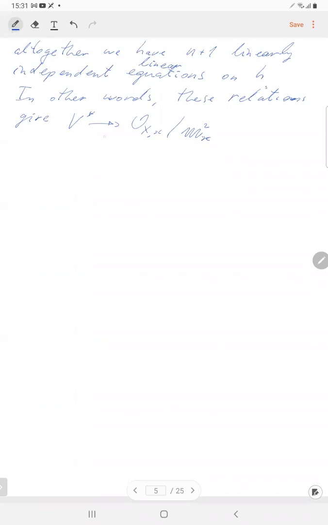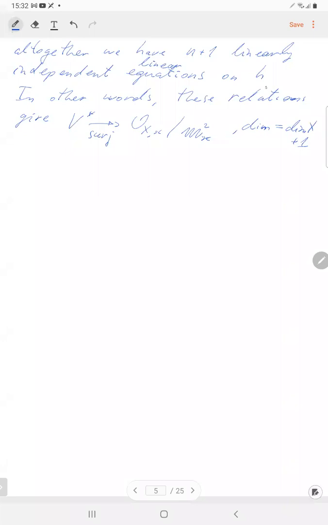The point is that it's surjective. And the dimension here is dim x plus 1, right?